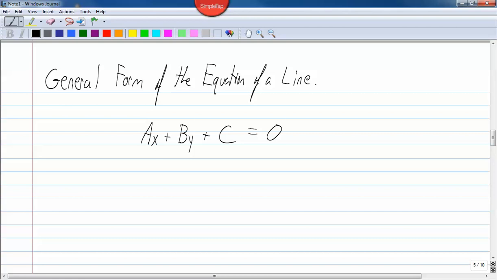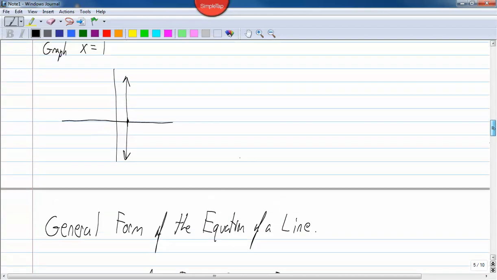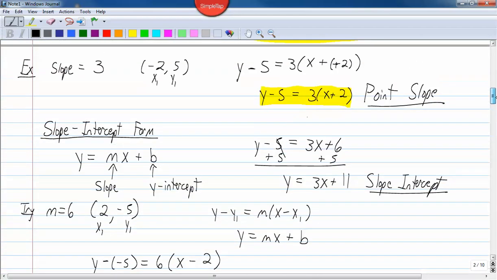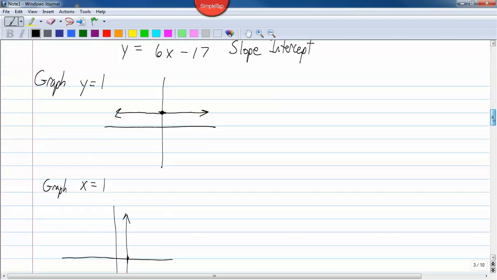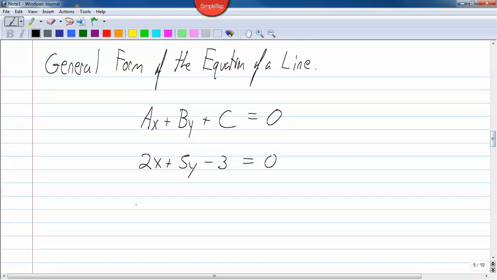So here's an example of the general form of the equation of a line. 2x plus 5y minus 3 equals 0. That would be the general equation of a line. Let's see, what if I had the same line here? I had a line earlier.